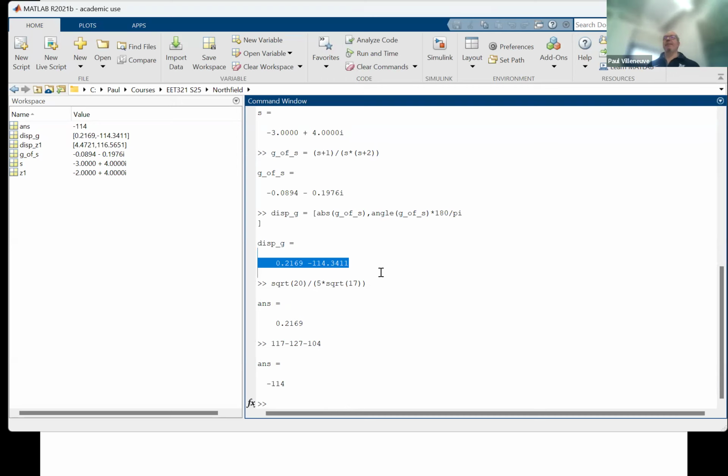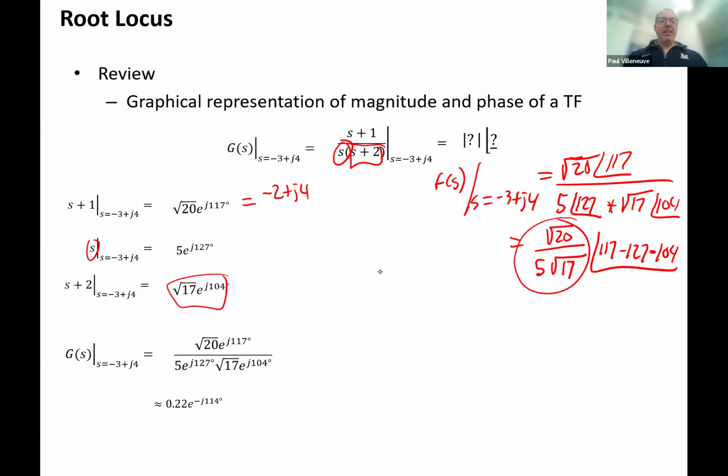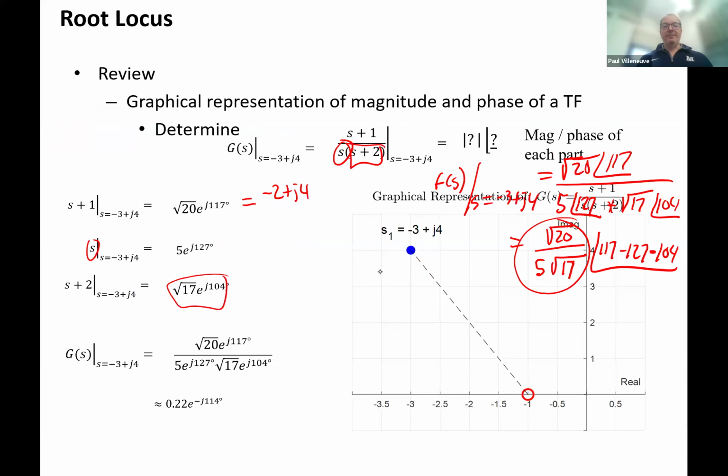I get exactly that same answer, whether I do it all at once or do complex math. So what this tells me is this approach for solving for the values is going to be correct. It's going to give me a correct value. So I'm feeling pretty good. Now I can show the individual angles.